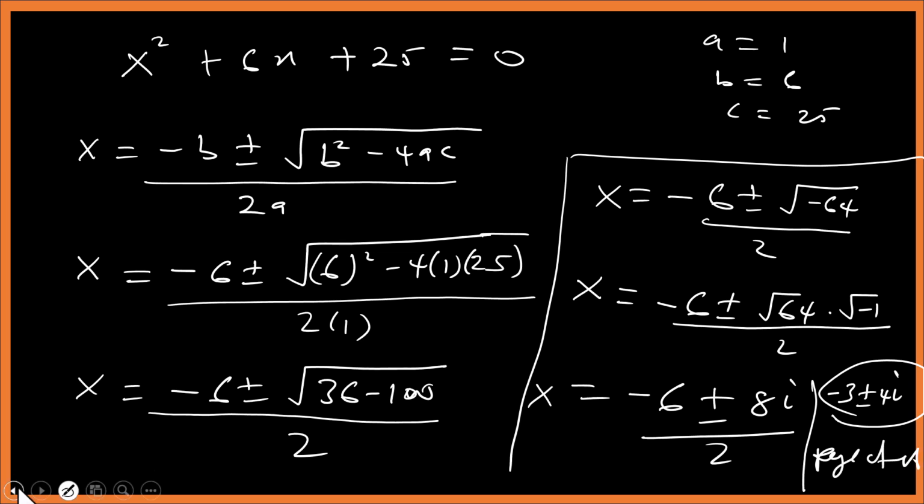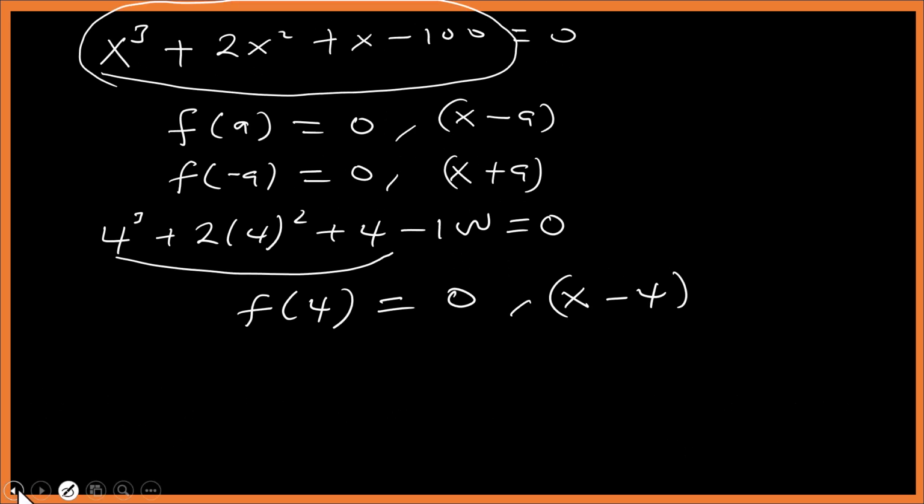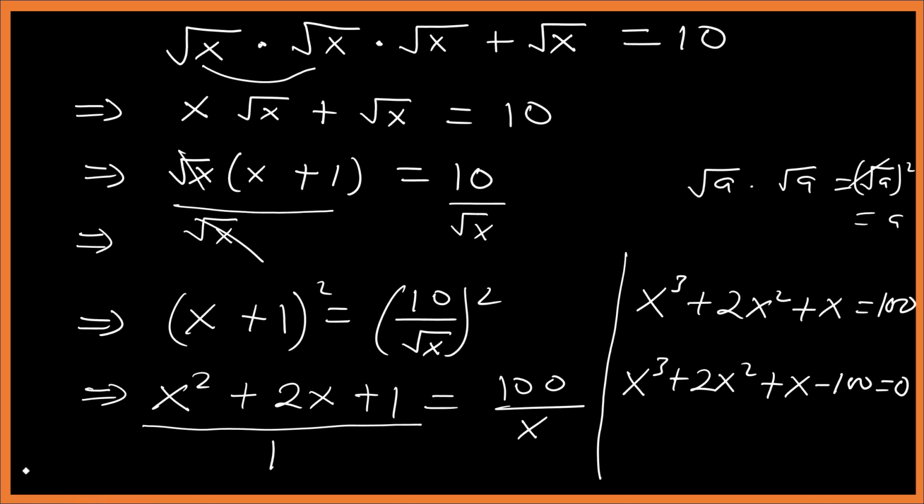Okay, so let's focus on the real solution. That is x equals 4. Alright, so x equals 4. Let's plug in and see if we get the solution. So let's verify. So we have 4 times root 4 times root 4 plus root 4.